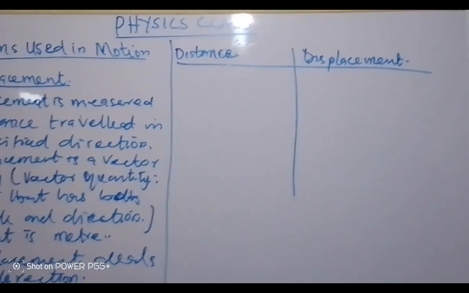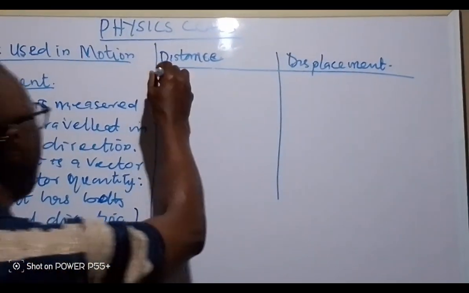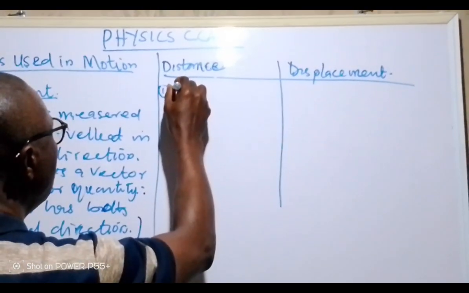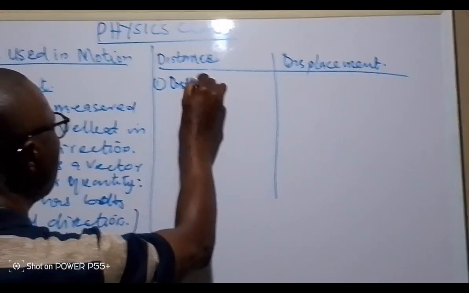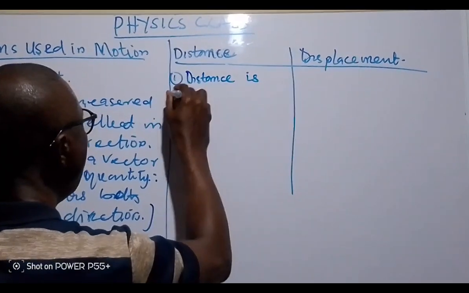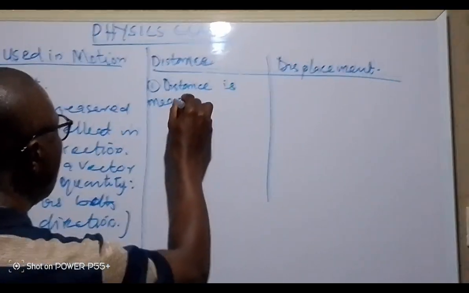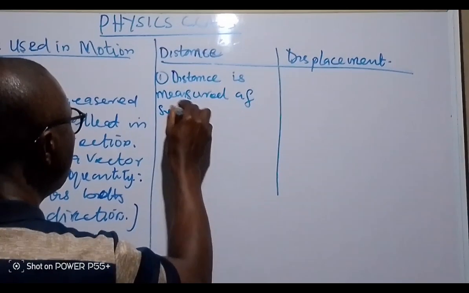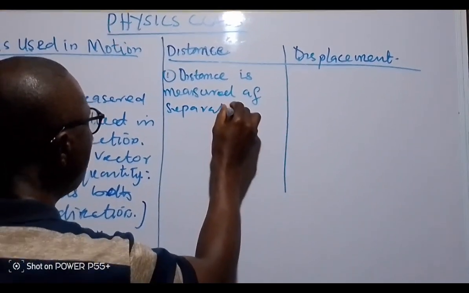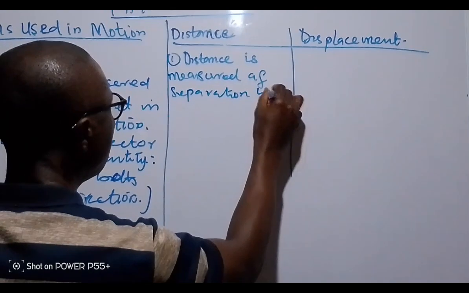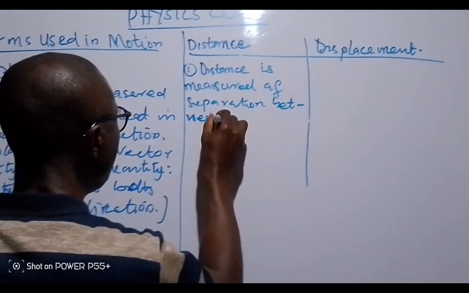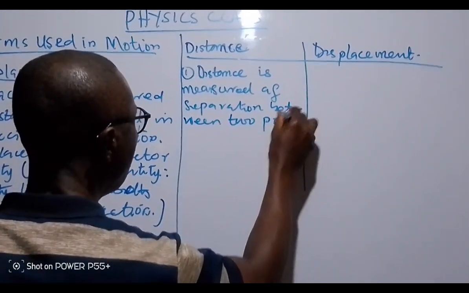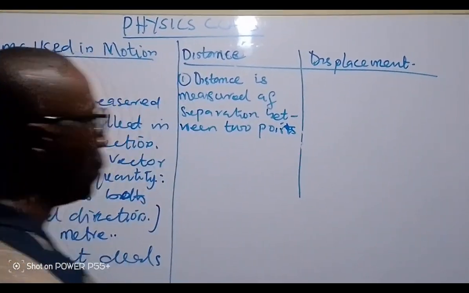Now, let's look at differences between distance and displacement. Number one, according to the definition, distance is a measure of separation between two points. Measure of separation between 2 points.